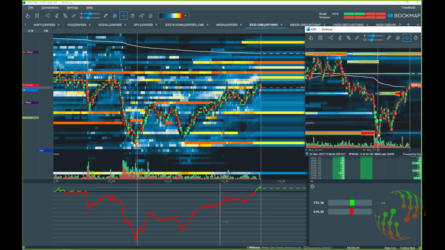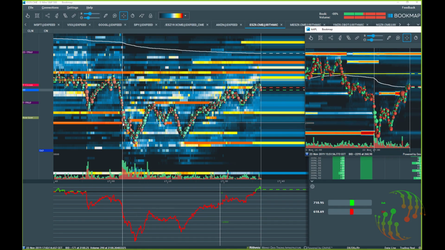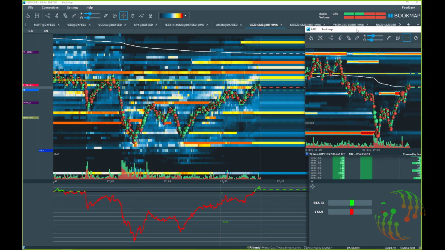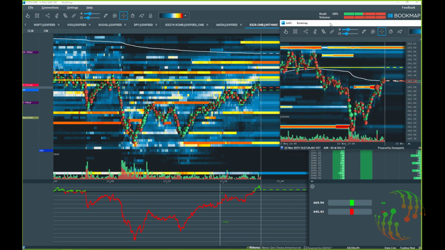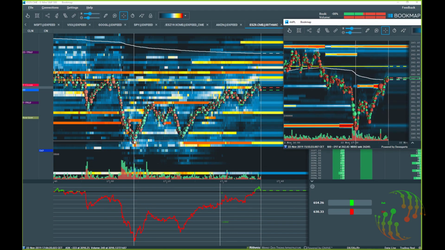Now look here, when I use the crosshair, you can compare wonderfully where the absorption happened. We had this psychological area around 39,100 here. It dropped down to 98, and look how impressive it is to understand the correlations between the markets.